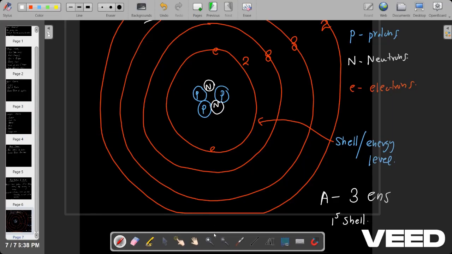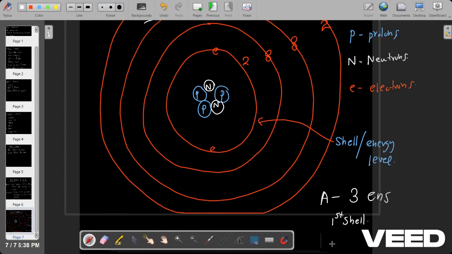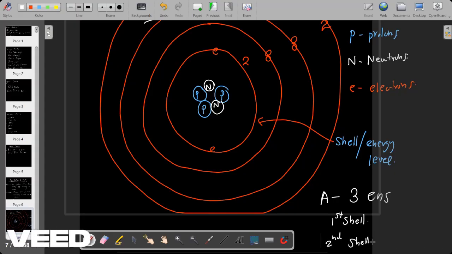How many electrons are there in the second shell? That atom called A contains only three electrons. Send me your answers, right?